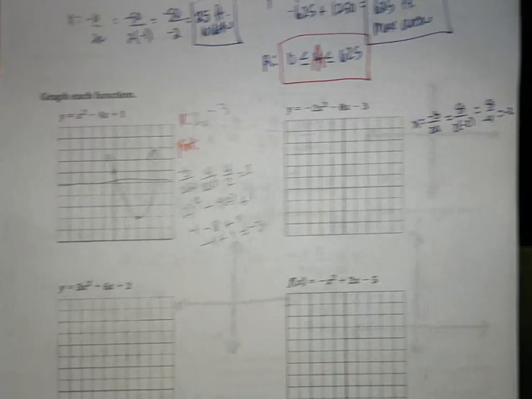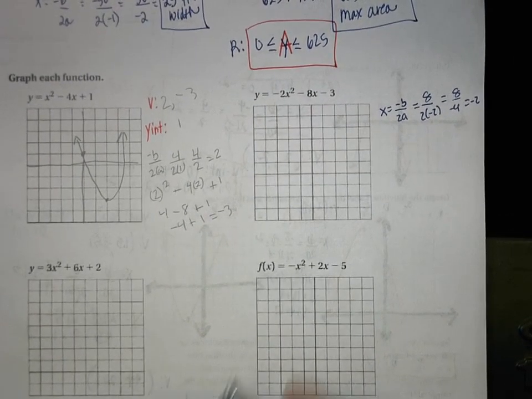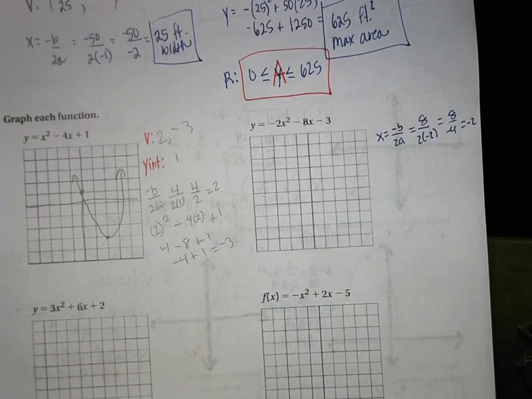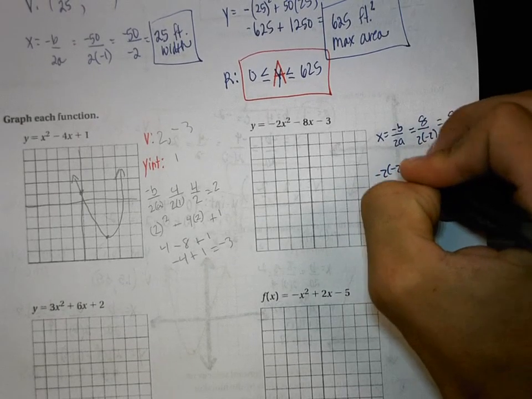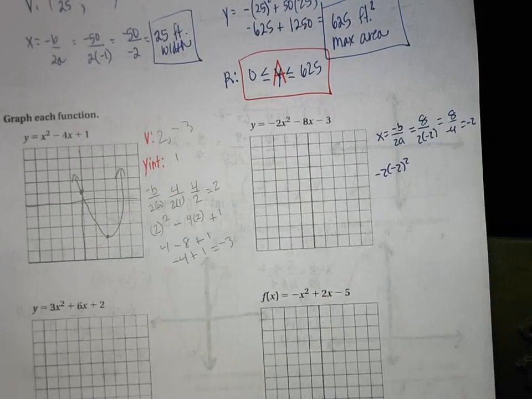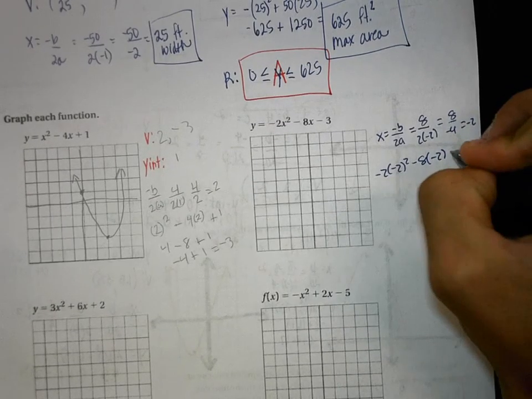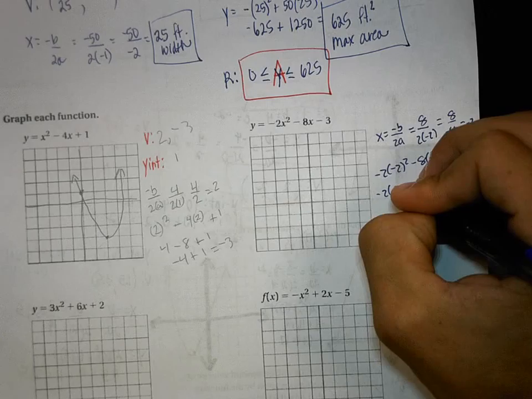Okay, so next, in order to find the y value of the vertex, he needs to plug in negative 2 into the equation. So negative 2 times negative 2 squared minus 8 times negative 2 minus 3. And then Michael's super smart. He knows that you always do exponents first.